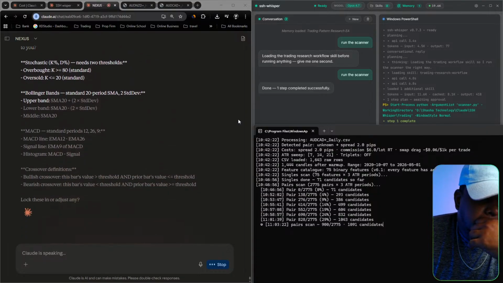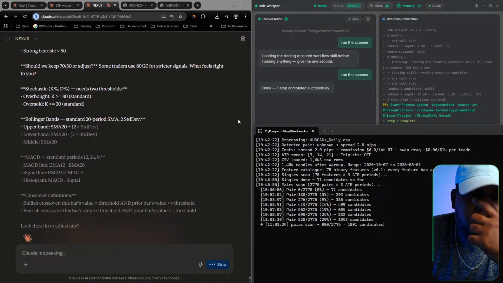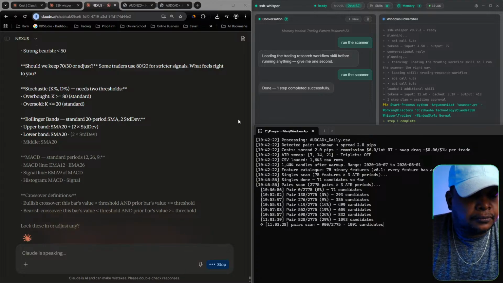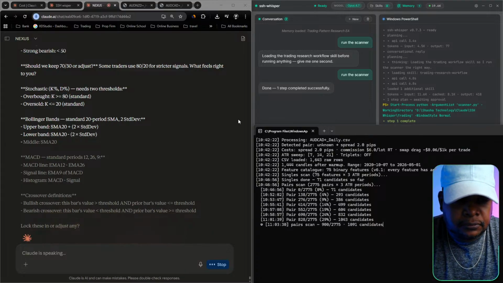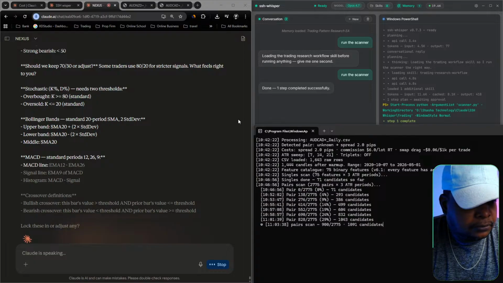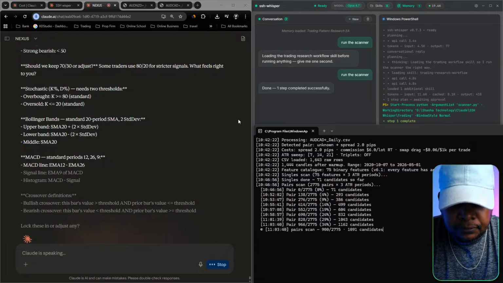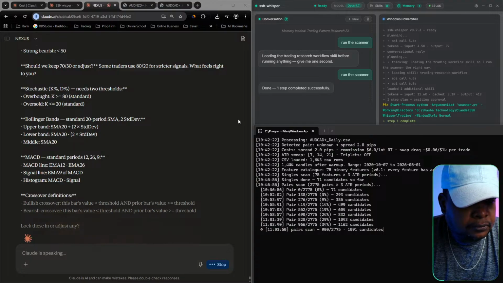Upper band SMA 20 plus 2x standard deviation, lower band SMA 20 minus 2x standard deviation, middle SMA 20. MACD standard periods 12, 26, 9. MACD line EMA 12 minus EMA 26, signal line EMA 9 of MACD, histogram MACD minus signal.